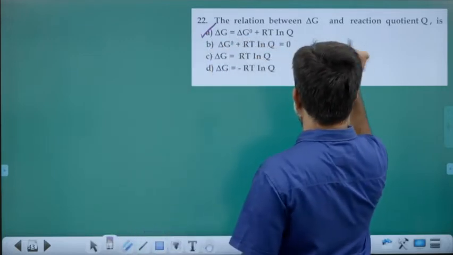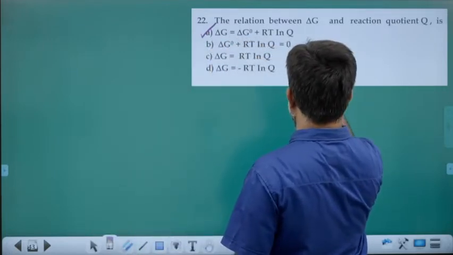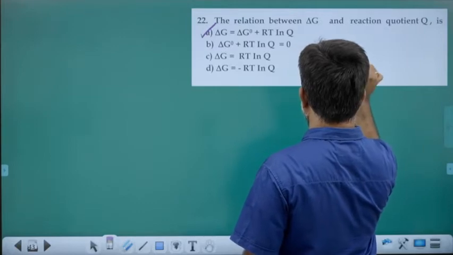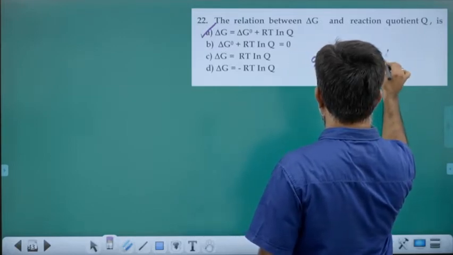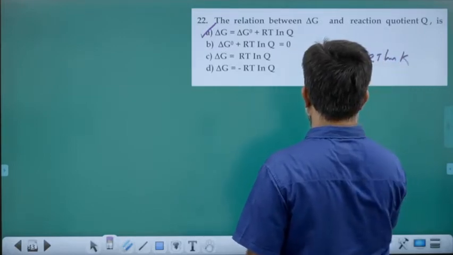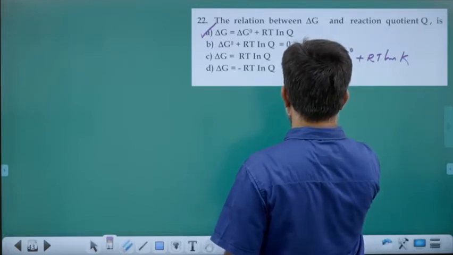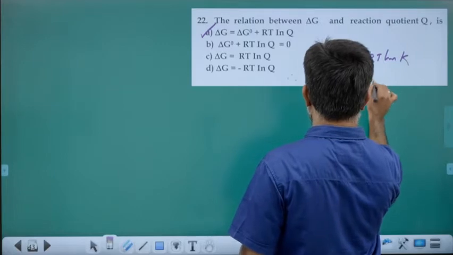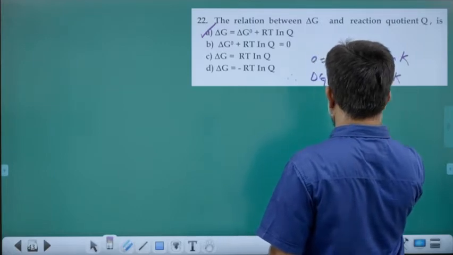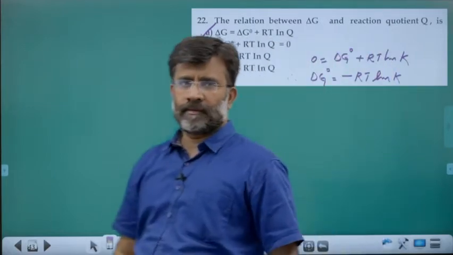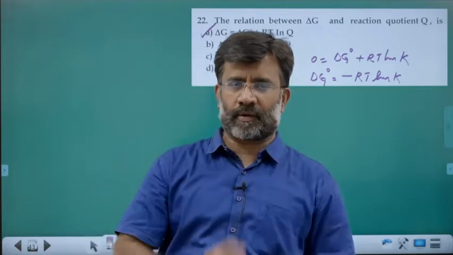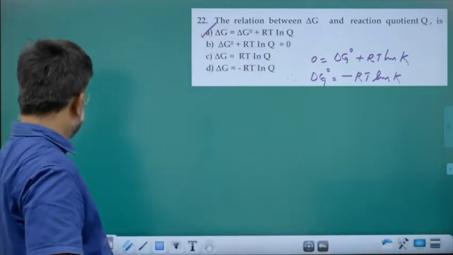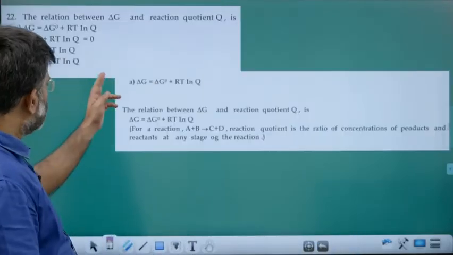So what do you get at equilibrium? 0 equal to delta G naught plus RT log K. And therefore, the very famous equation you are familiar with, delta G naught is equal to minus RT log K. This equation comes from that context. Next one. Option A.